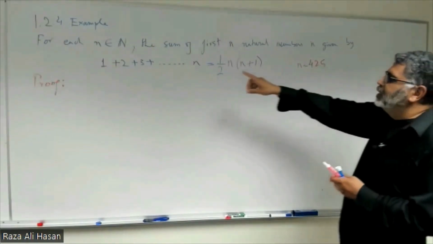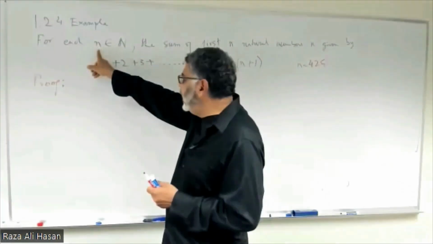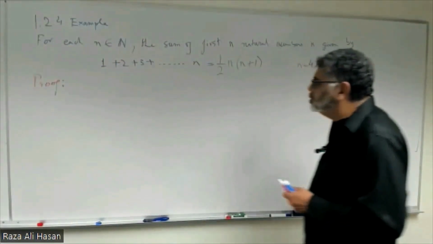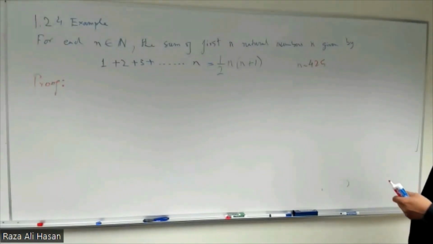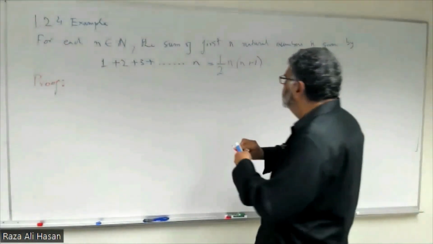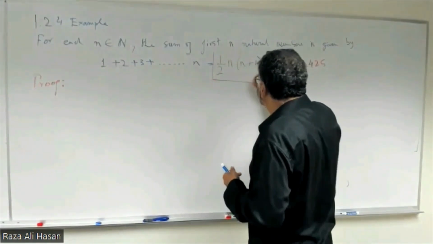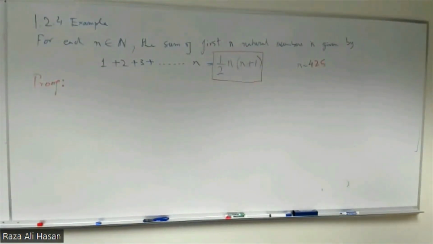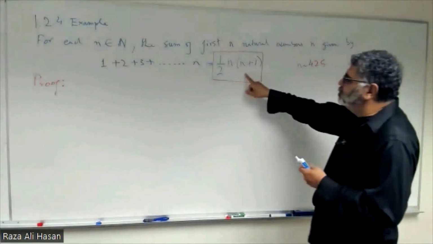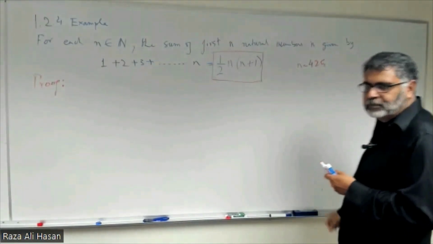For every n that belongs to the set of natural numbers, the sum of the first n natural numbers is given by this very famous formula right here. And we need to prove by using the principle of induction that this formula works for any n.